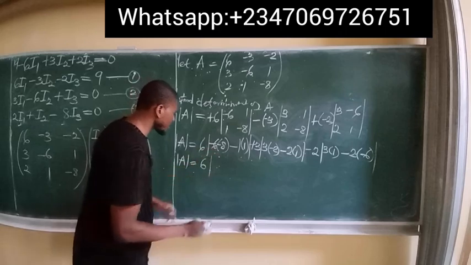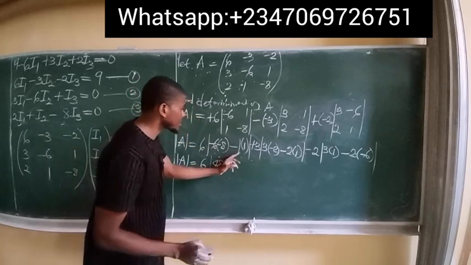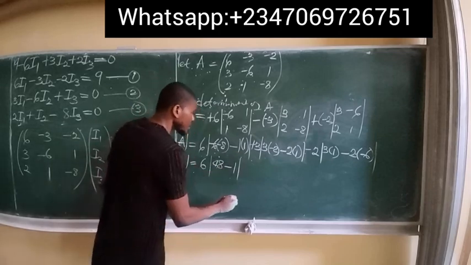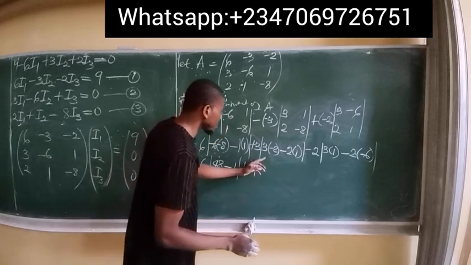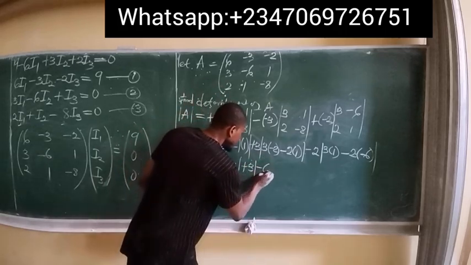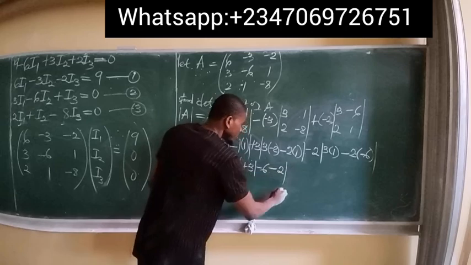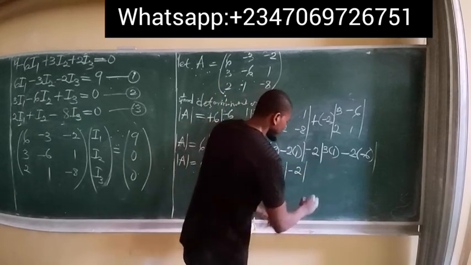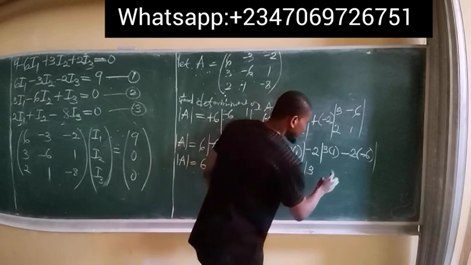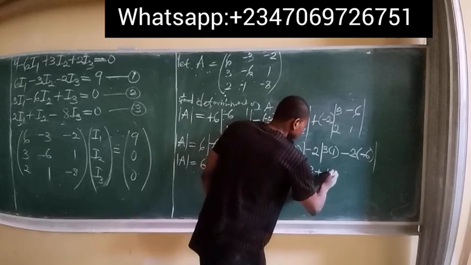Minus 6 times minus 8 gives us plus 48. Minus 1 times 1 gives us 1. Plus 3 into 3 times minus 2 is minus 6, minus 2 times 1 is 2. Minus 2 into 3 times 1 is 3, minus 2 times minus 6 gives us plus 12.